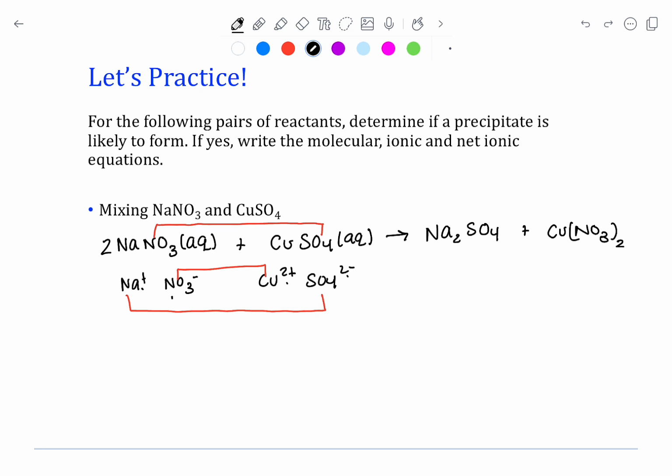And then our next step is to utilize our chart to determine if a precipitate is going to form. So take a second, go back to your chart in your lecture guide, and determine which one of these is going to form a precipitate.